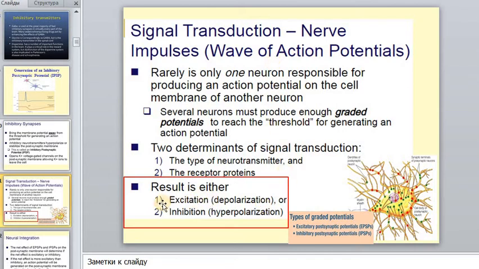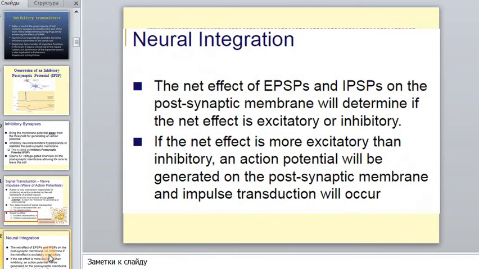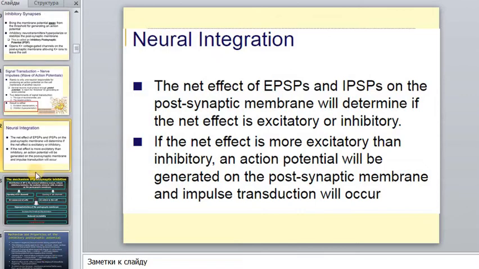In general, we have two results from excitatory synapses and inhibitory synapses. In the first case, depolarization, and in the case of inhibitory synapses, hyperpolarization. Neural integration is a very important function of the nervous system. The net effect of excitatory postsynaptic potentials and inhibitory postsynaptic potentials on the postsynaptic membrane will determine whether the net effect is excitatory or inhibitory.